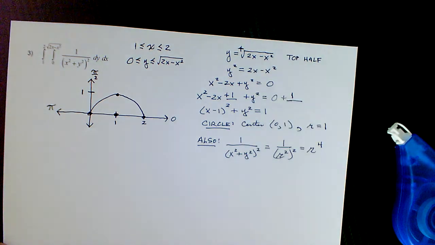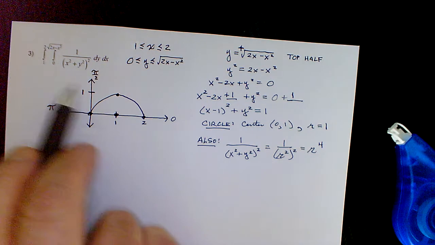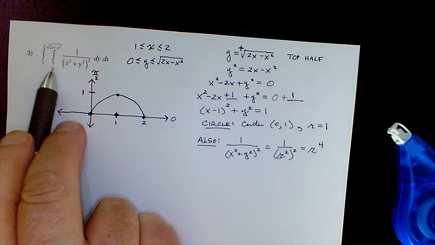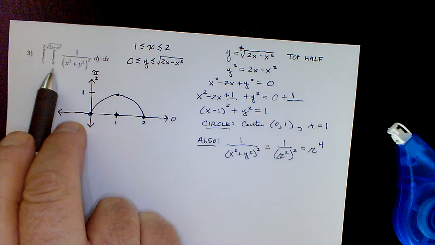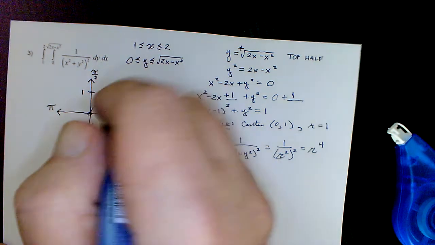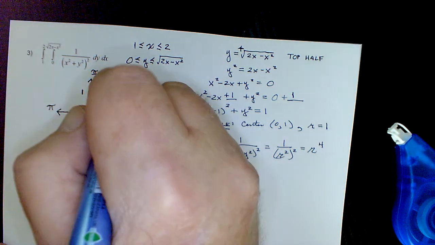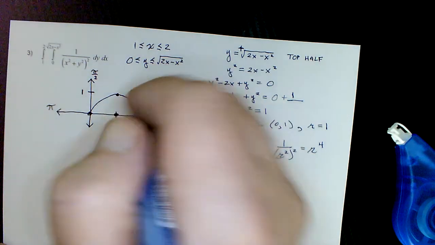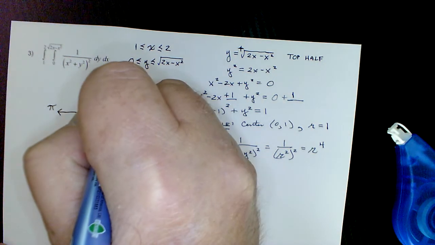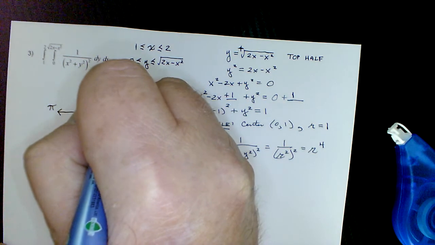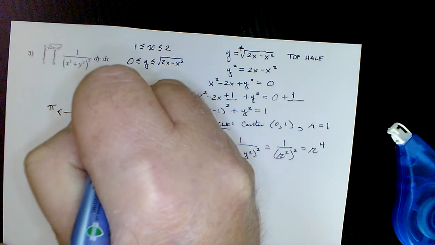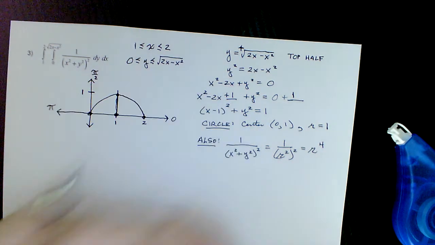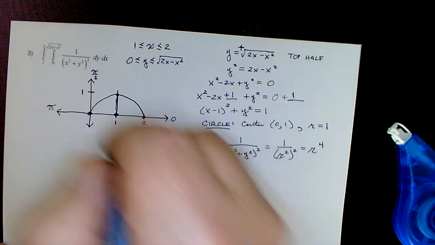Okay, but then one other thing is, in terms of the limits of integration for x, we're going from 1 to 2. So x equaling 1 is this vertical line right here. So that's the line x equaling 1.